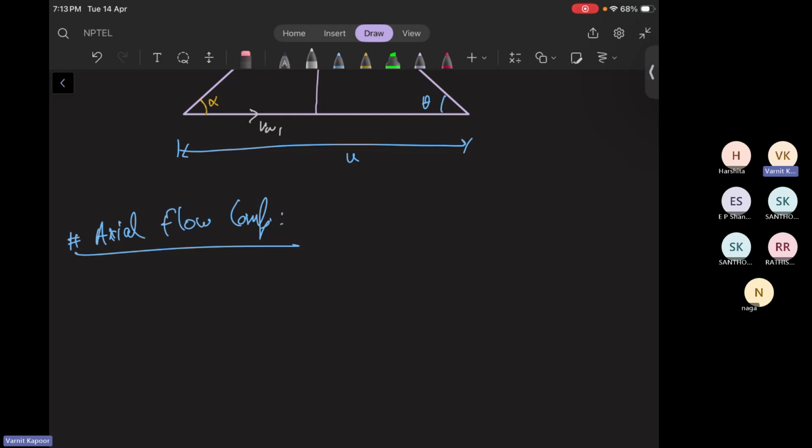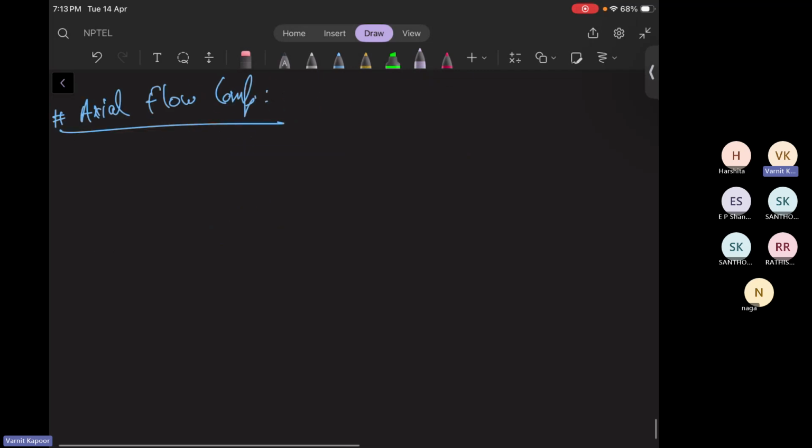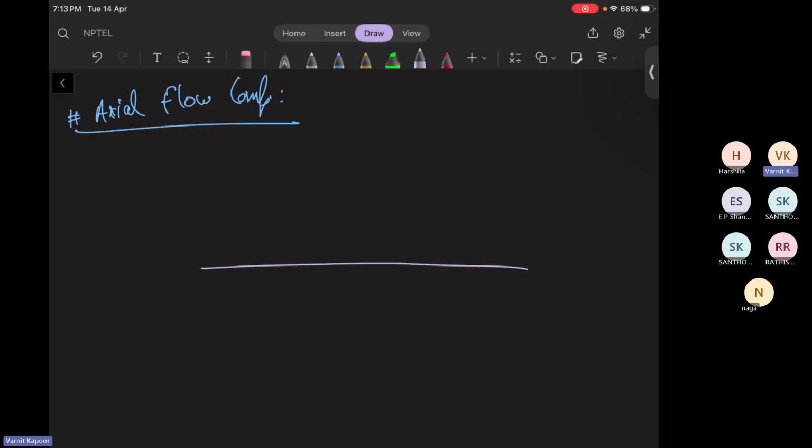Let me draw a diagram first so that you all can visualize. So here your rotor looks like this. I'm showing you the front view. This is the axis of your rotor.